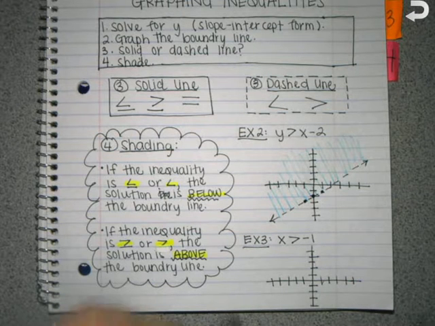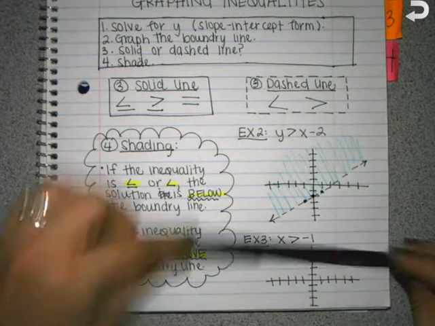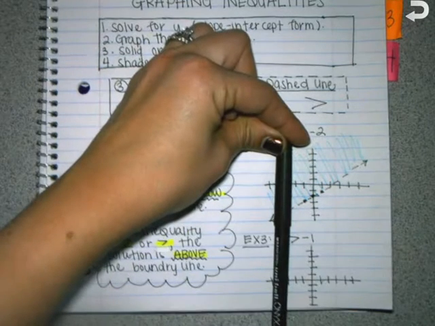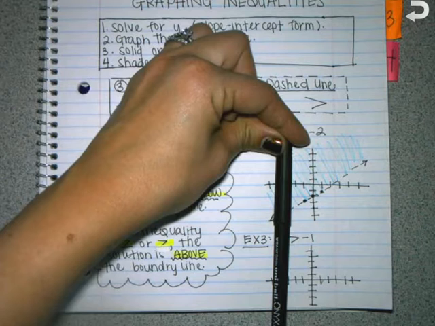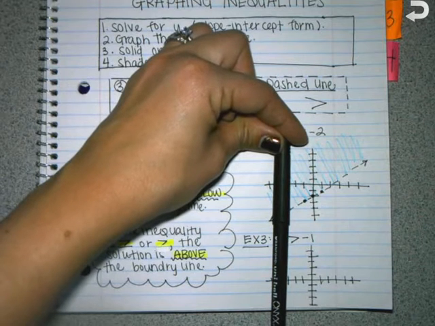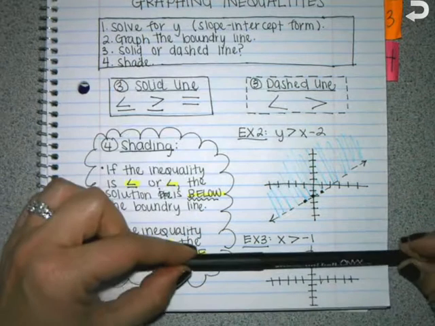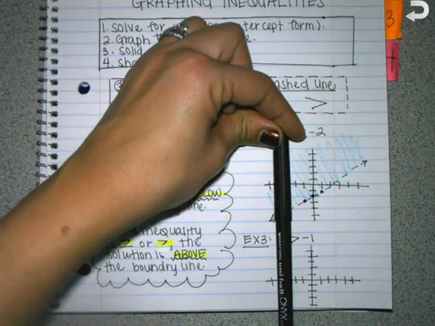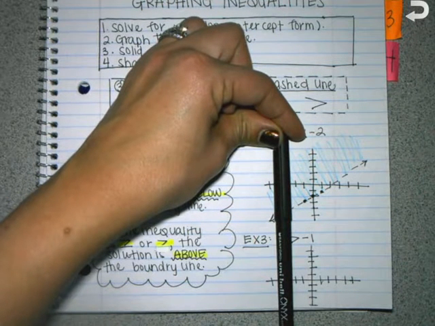Okay, horizontal is this way, vertical is this way. Which one goes through the x-axis? Guys, this is horizontal. This is vertical. Which one goes through the x-axis? Vertical.